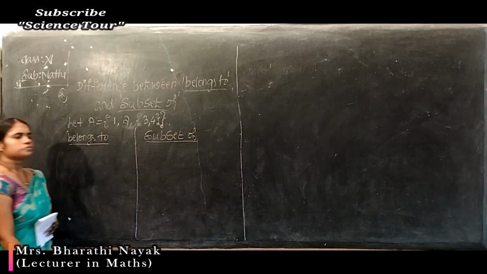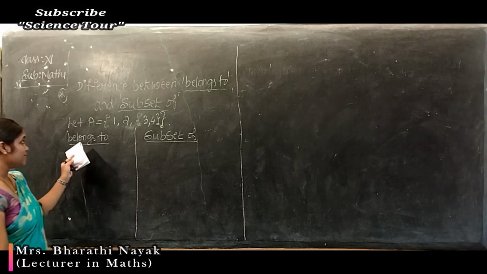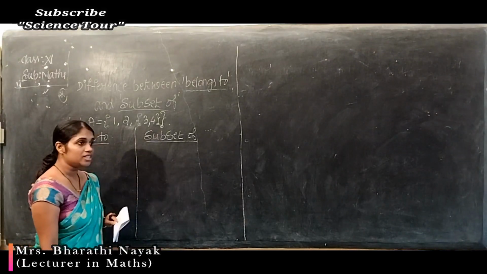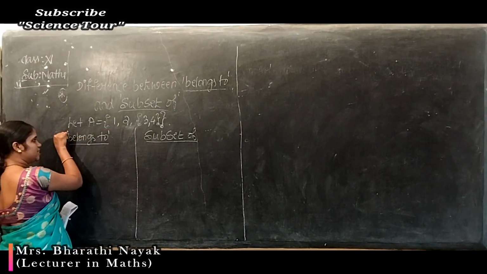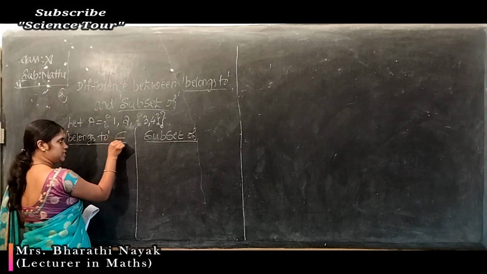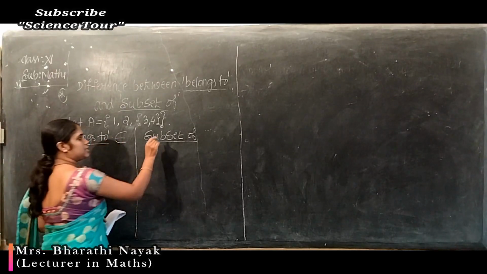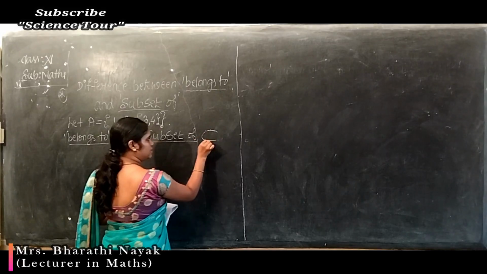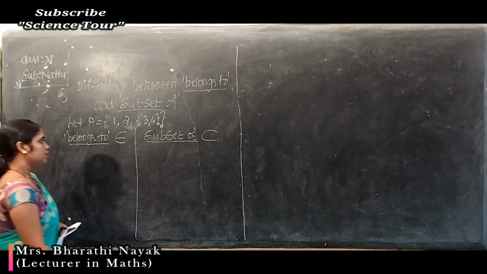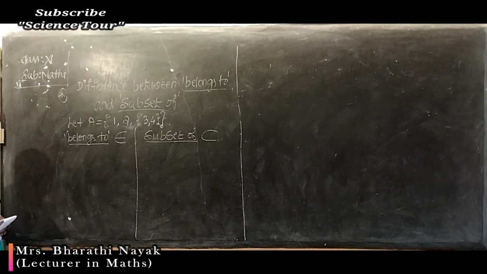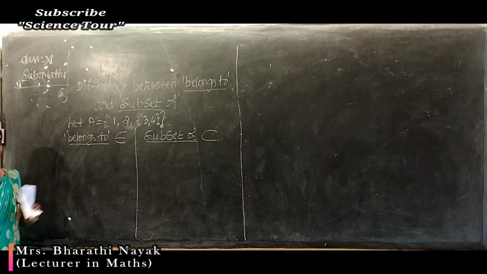Basically you have studied the symbol of belongs to and the symbol of a subset of. Belongs to is denoted by this symbol, and subset of is denoted by this symbol. When can we use the belongs to symbol?